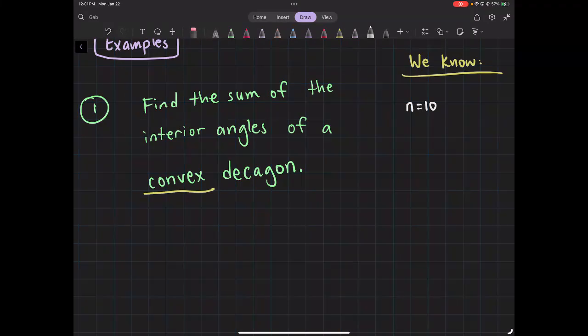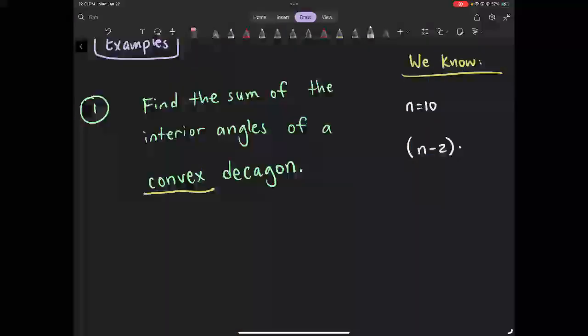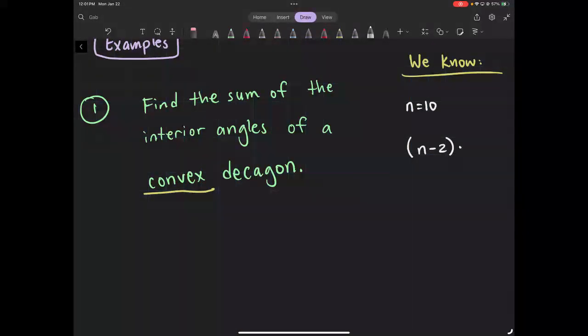Do you know what the theorem gave you to work with? I'll help you out. n minus 2 times 180.